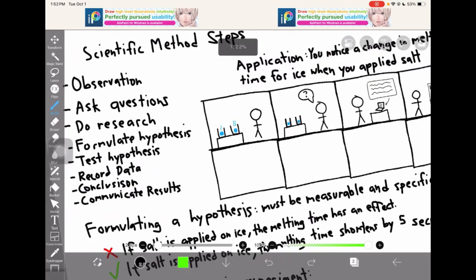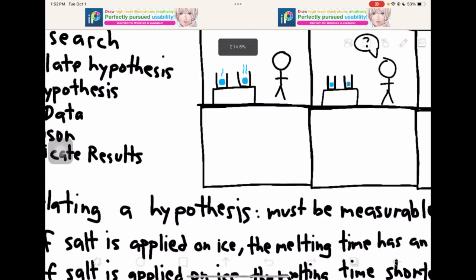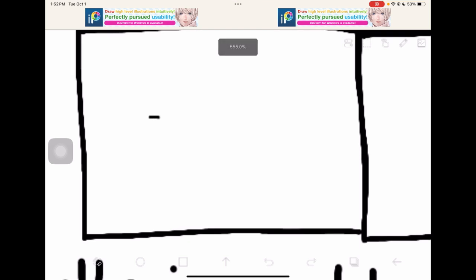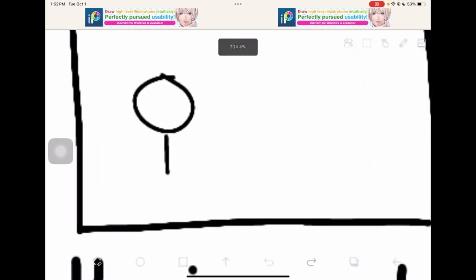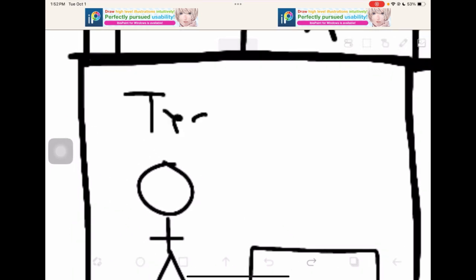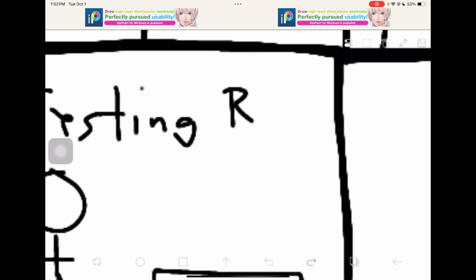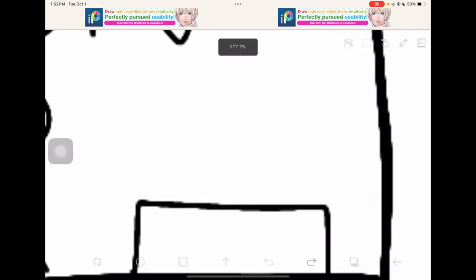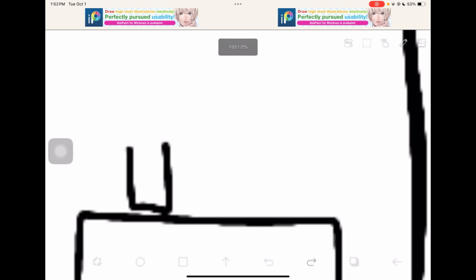So back to our illustration over here, we're going to test your hypothesis now on the same desk. So you got your desk here, and then let's put testing. And then you have 2 beakers of the same conditions.